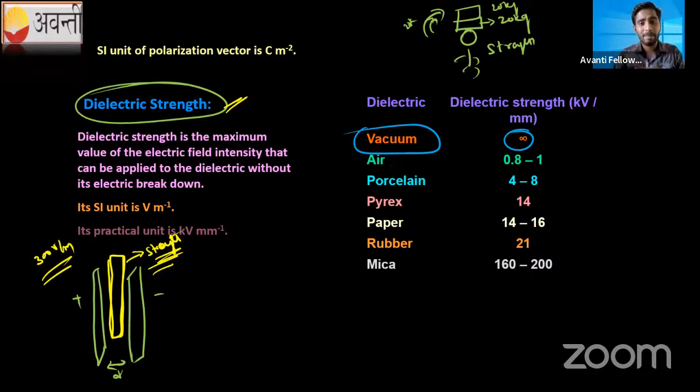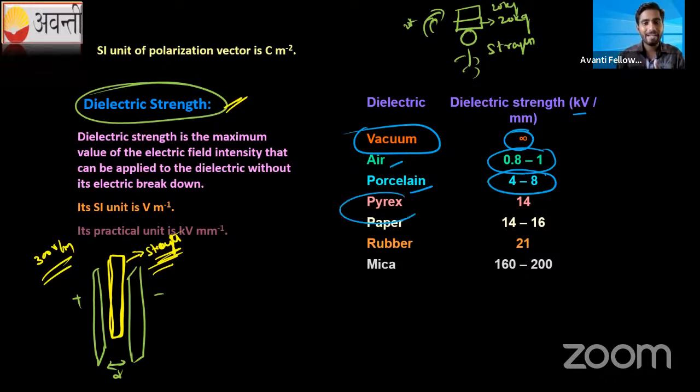The dielectric strength of air is 0.8 to 1 kilovolt per millimeter. For porcelain dishes, which we use in home appliances and in laboratories, especially in chemistry to heat substances, the value is 4 to 8.